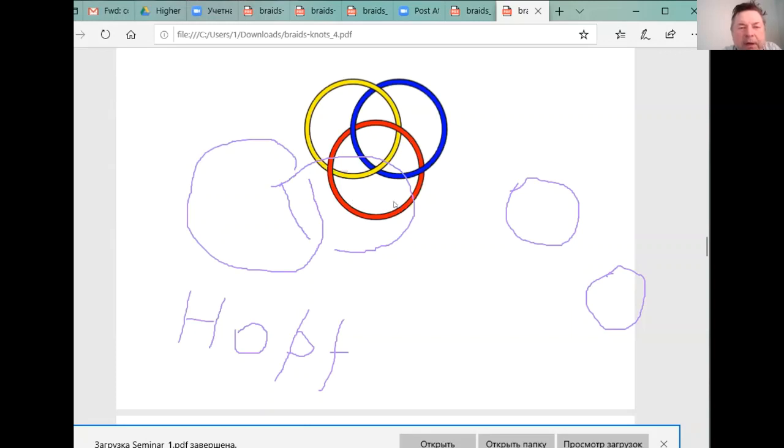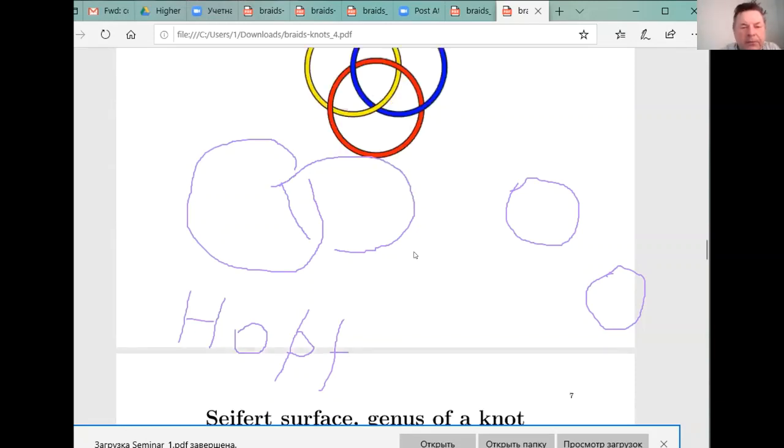But if you consider them as a triple, it will be linked. This is very well known in some ancient pictures, depicted maybe even on some armors, Borromean.